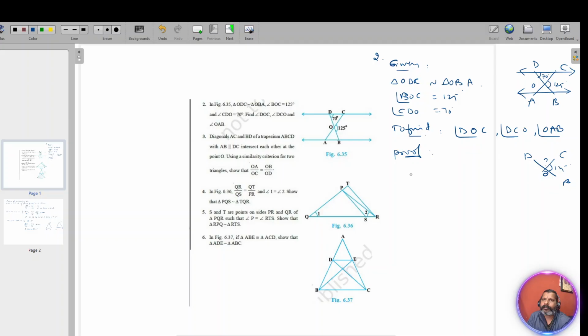We know DOC plus COB equal to 180, say linear pair, right? DOC is equal to 180 minus COB, which is nothing but BOC, both are same. So 180 minus 125 becomes 55. First angle is 55.